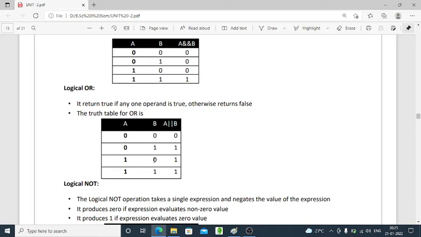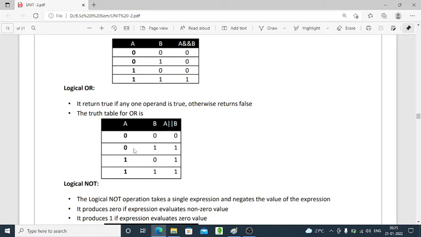As per the rule of logical OR, if anyone is true, then the output is true. Here 1 is nothing but true, 0 is nothing but false.